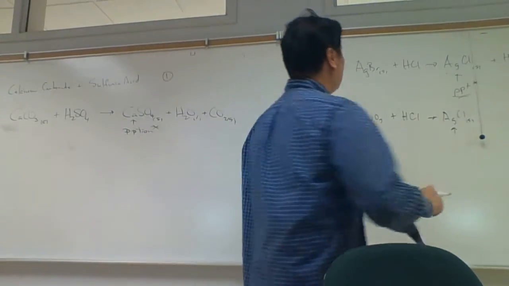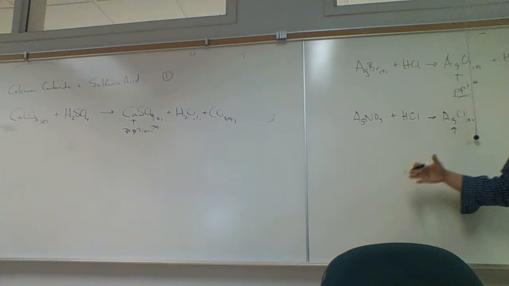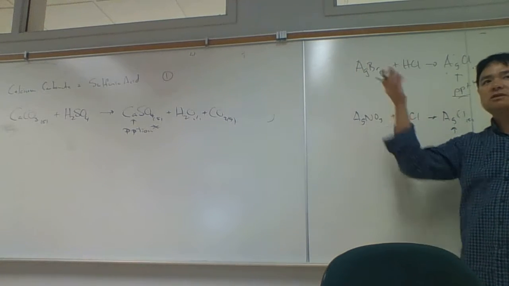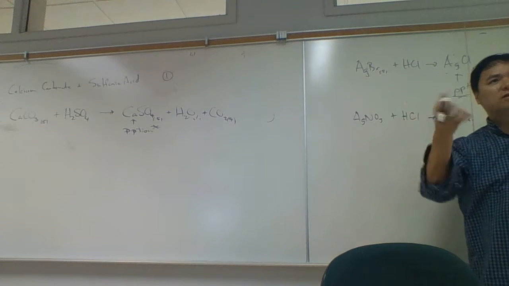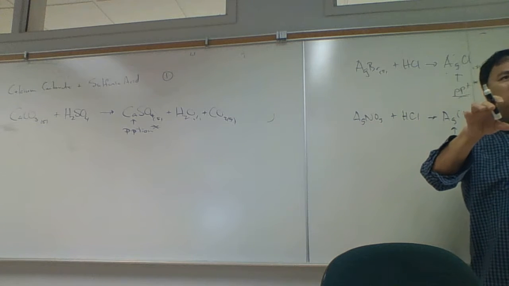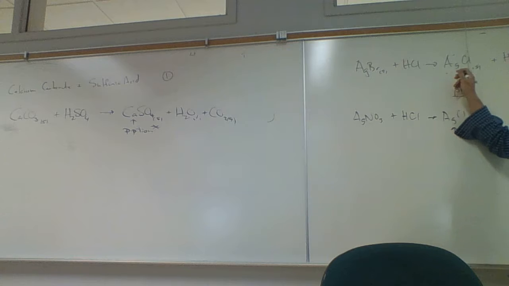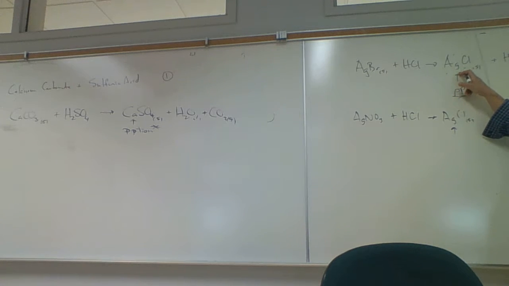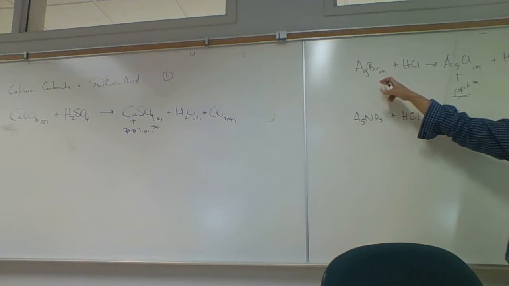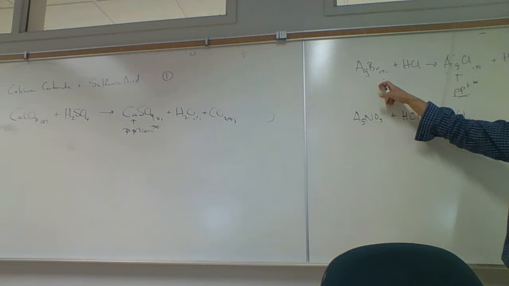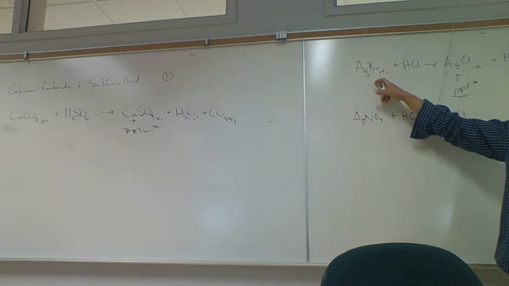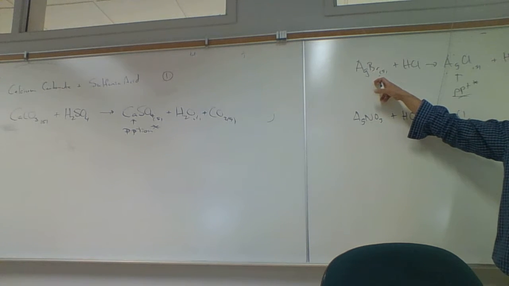A solid-solid, the only reason this would work is if I want to transform. Can I transform my silver bromide solid into silver chloride solid by adding HCl? The only way that's going to work is if silver chloride is more stable than silver bromide. If silver bromide's more stable, is it going to want to react?